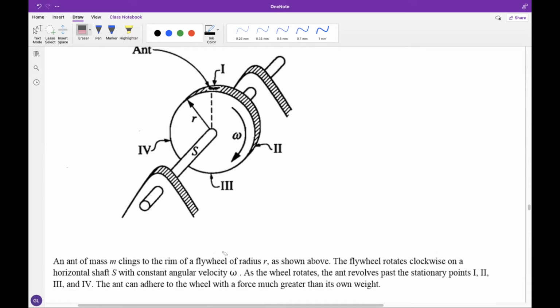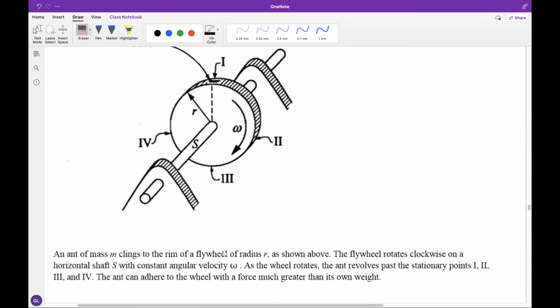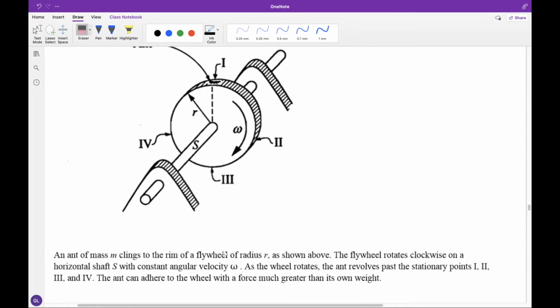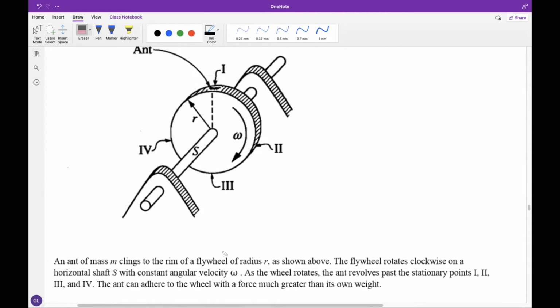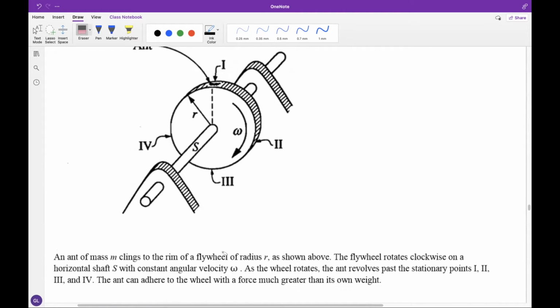And so this question has been asked in different ways. They like to put ants on wheels, whether they're turntables or their plane is in the vertical direction. And so, yeah, this is more of a mechanics question here, or dynamics, sorry. But at the end of the day on the test, they're going to be all jumbled up anyways.